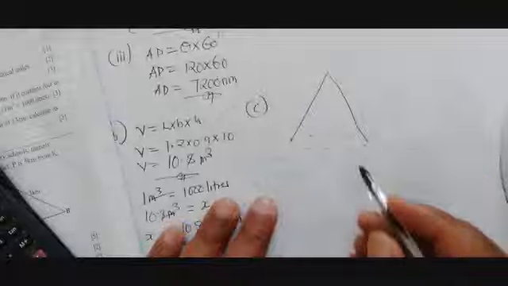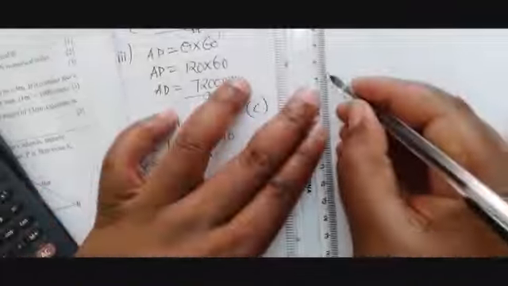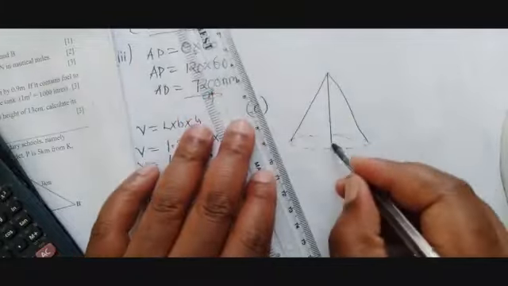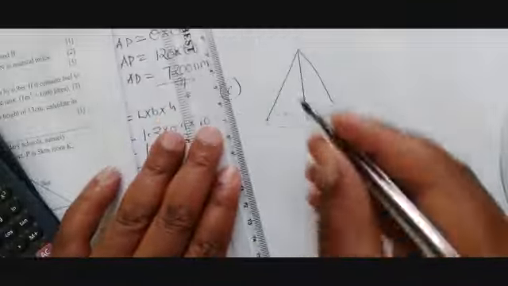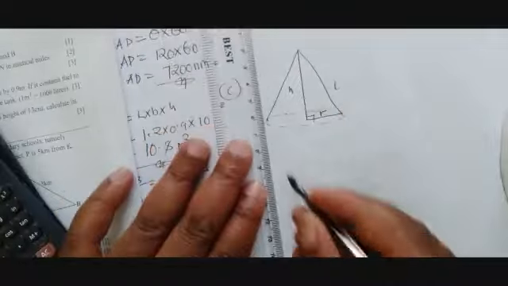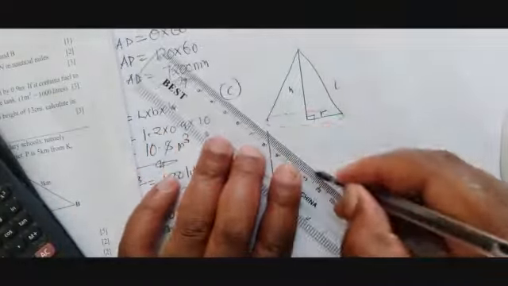So you have a perpendicular height. All right? And the slant height. So you have something like that. So this is our perpendicular height, this is the radius, and this is our slant height. So you have got a triangle here.